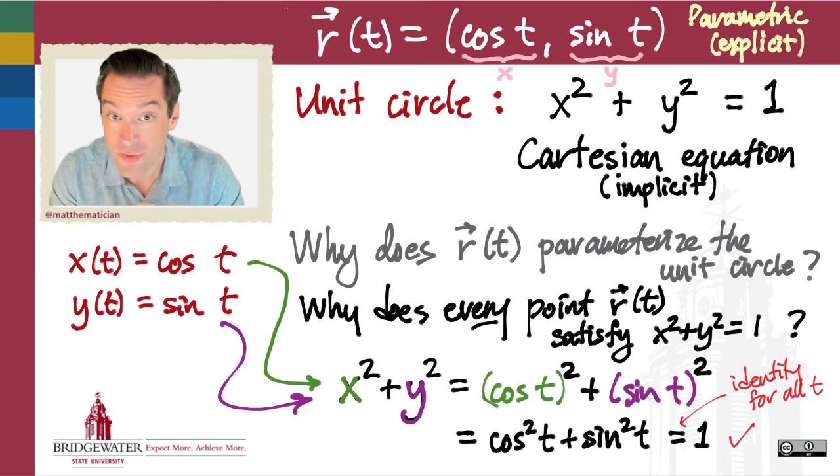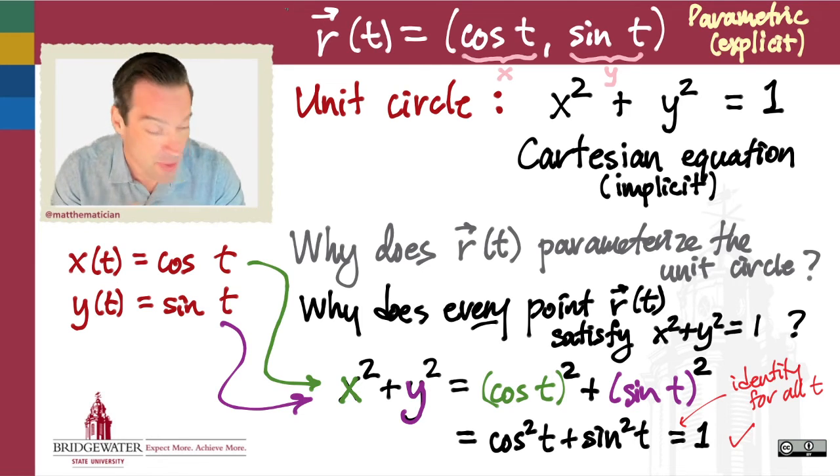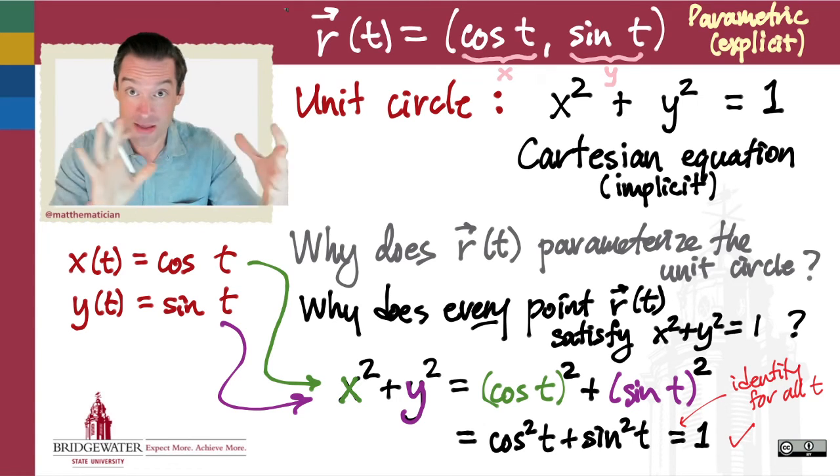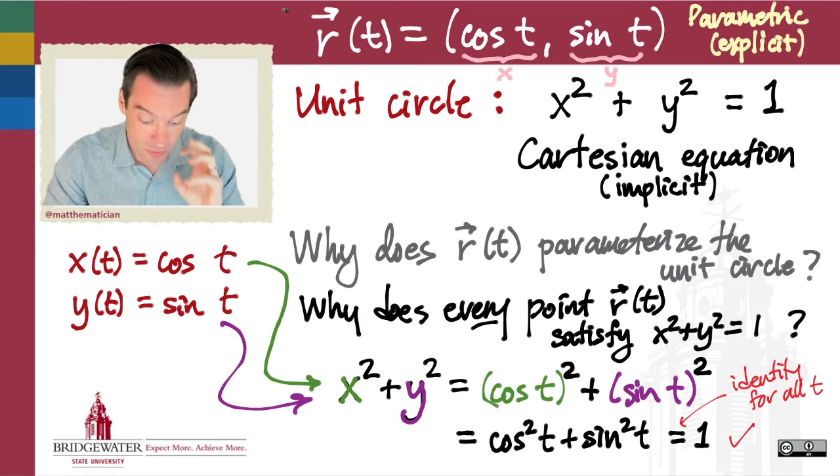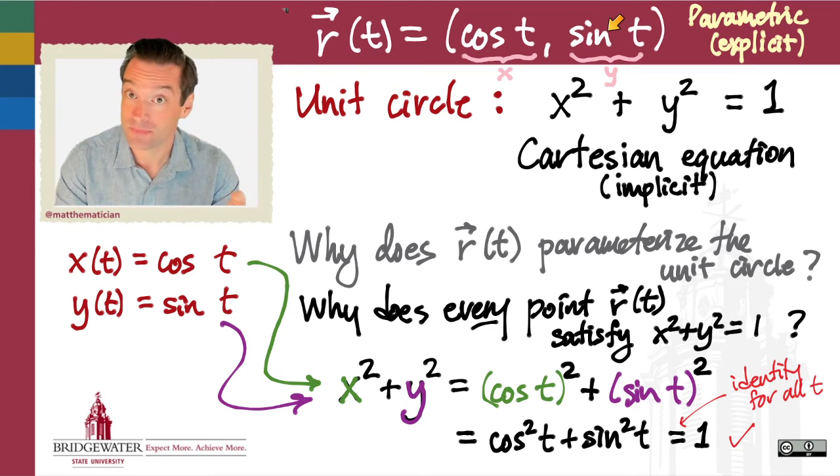So one of the things about parameterizing curves and surfaces, probably the most important thing, honestly, is this interplay between a parametric description, an explicit description of the points that lie on the object of interest, and implicit equations that describe those same things.